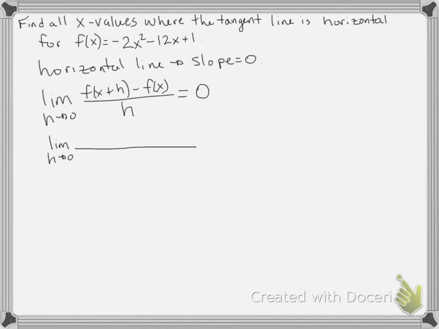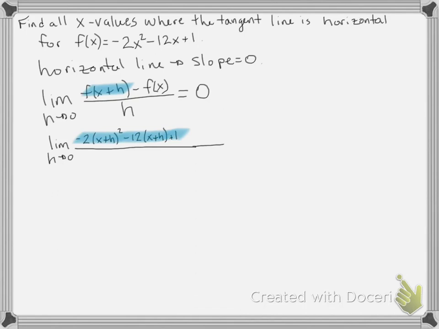So we're going to have negative 2 times the quantity x plus h squared minus 12 times the quantity x plus h plus 1. All of that is f of x plus h. That's all I've done so far, is f of x plus h.